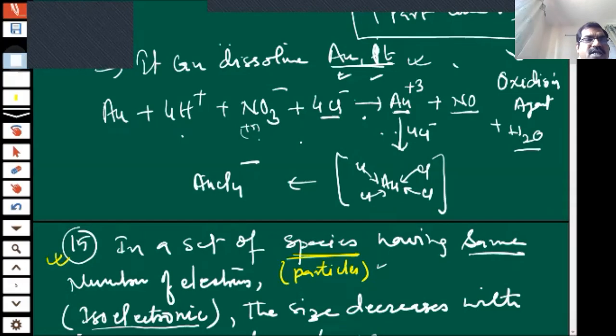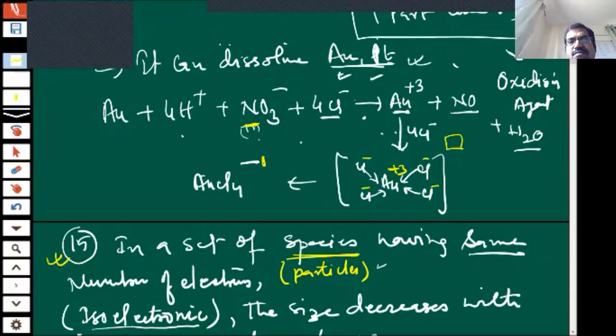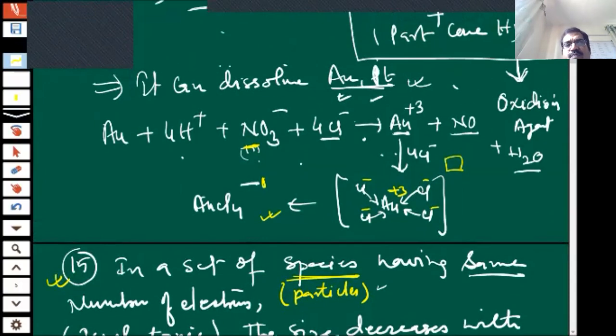Because 3 plus charge is already generated with the help of nitrate, and 4 minus charge is there, the net charge is -1. So did you understand, children? In this way gold is dissolved, because now a charge is present, it is soluble in water or in the solution.